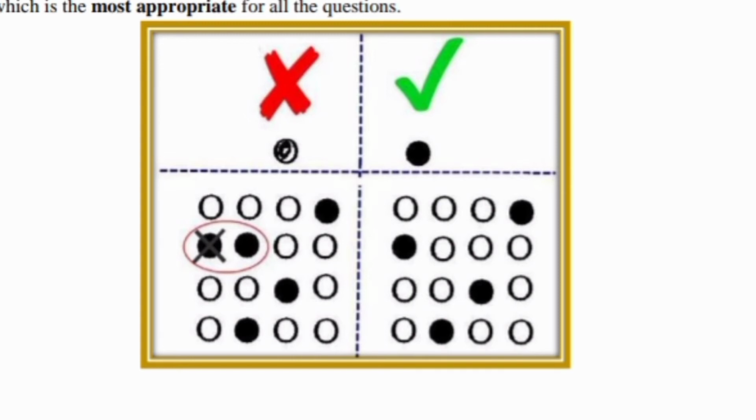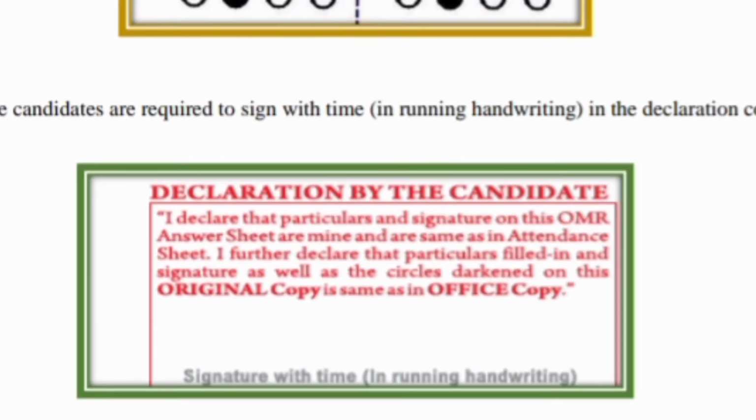In the next column, we can find a column written as a declaration by the candidate. In this column, candidates are required to sign with the time in running handwriting.